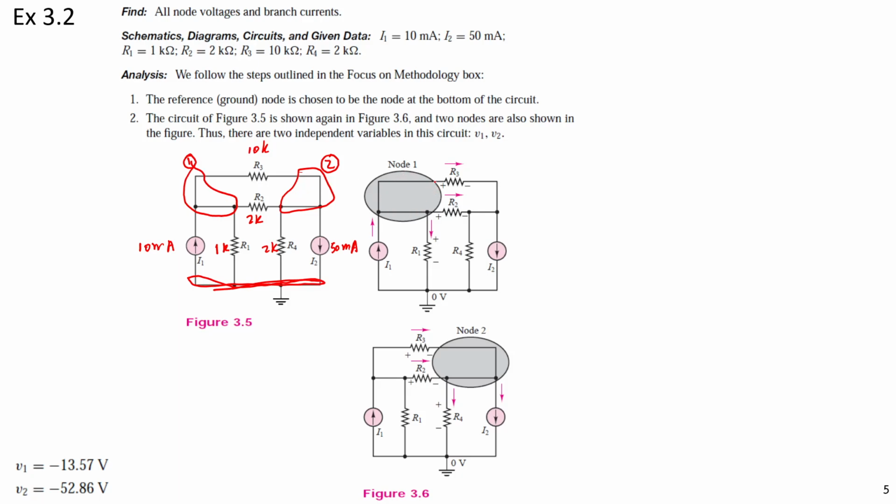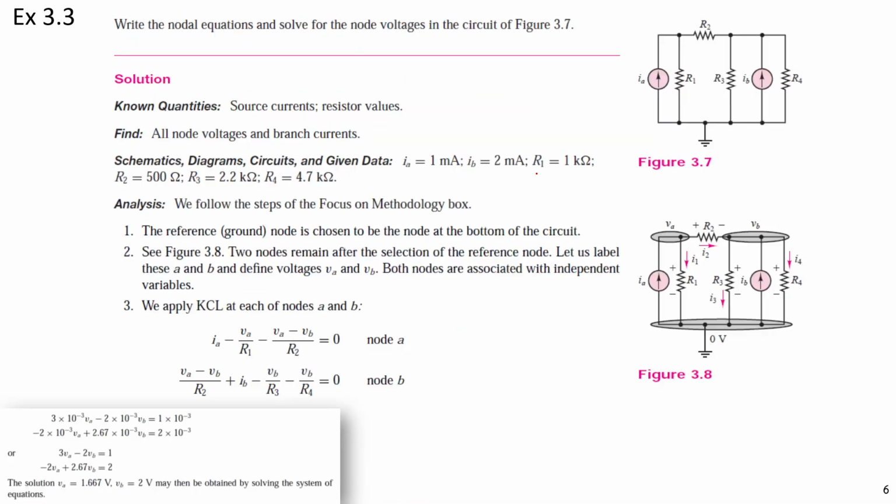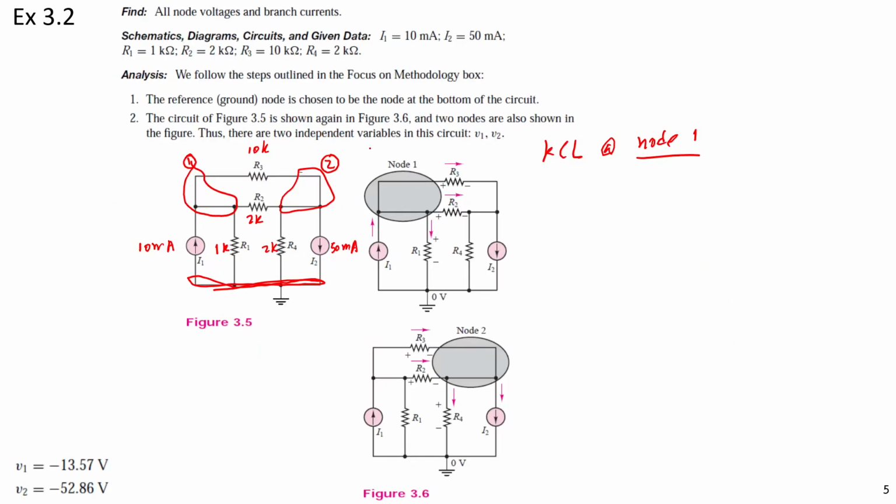For node 1, KCL at node 1. In this case, current flowing in is positive, and flowing out is negative.